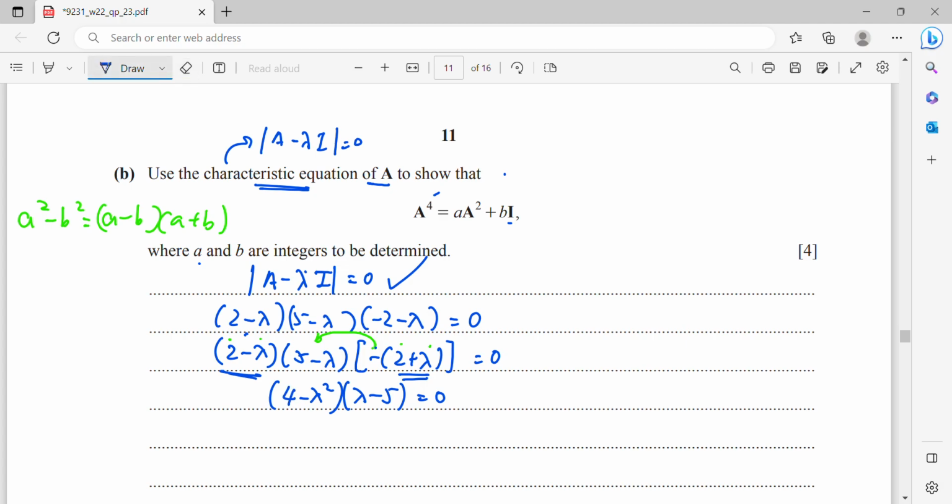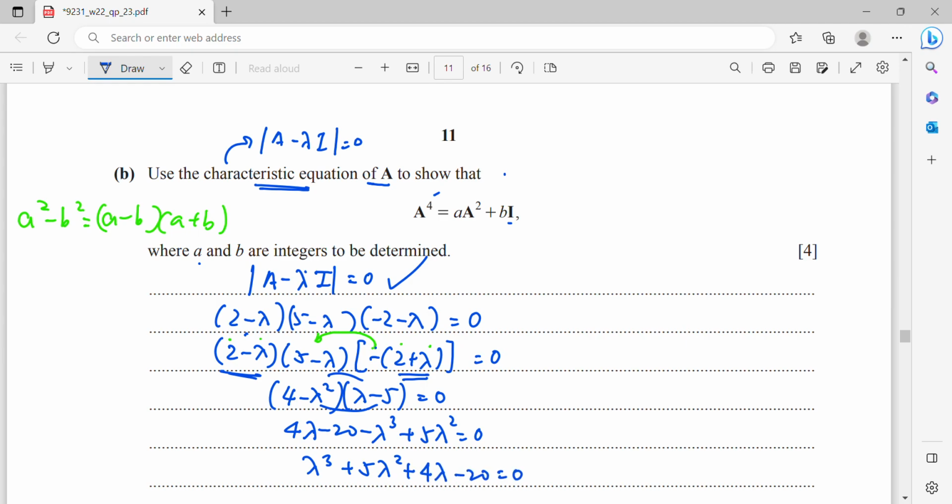Okay, then now you further expand it. So 4 lambda minus 20 here, minus lambda cubed, and this is plus 5 lambda squared equals to 0. So rearrange it, you will get lambda cubed plus 5 lambda squared plus 4 lambda minus 20 equals to 0.